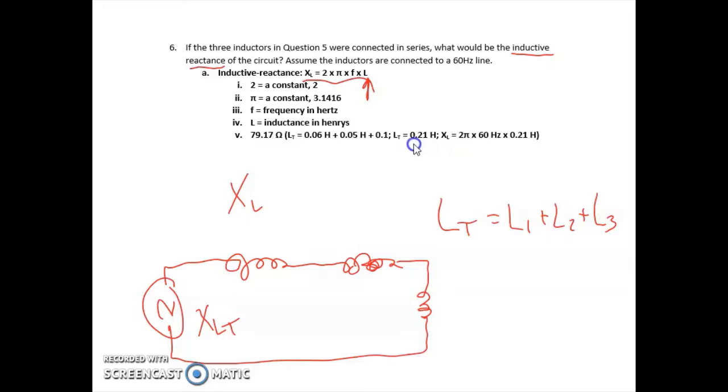And that amount is right here. I just simply added them up. I plug that number into the formula, and the final answer is 79.2 ohms. Remember, inductive reactance is a current limiting thing, and it's measured in ohms.